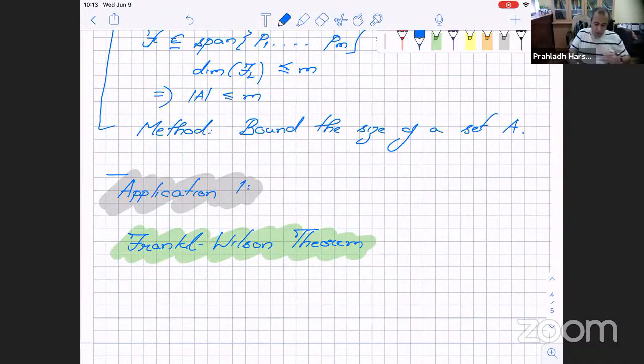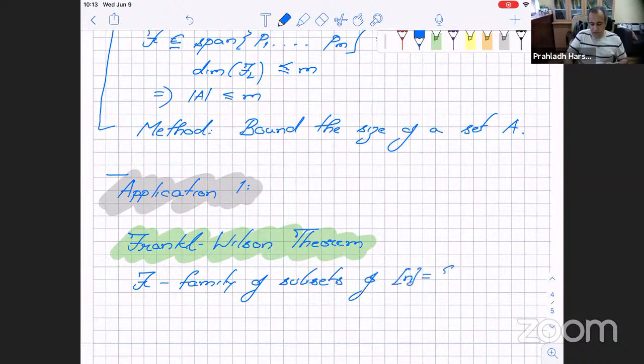suppose you're given F, a family of sets, a family of subsets of {1, 2, 3, ..., n}. That is, F is a subset of 2 to the n.